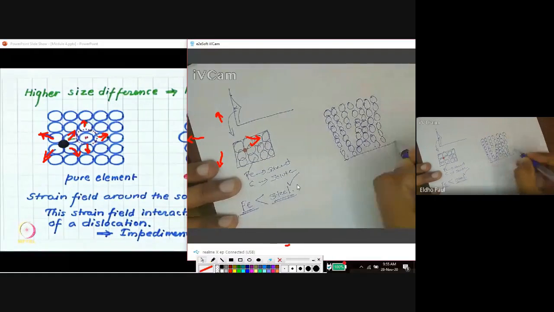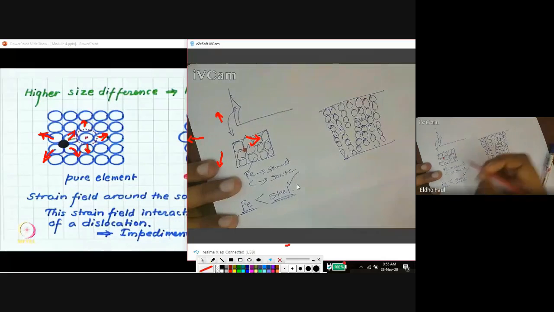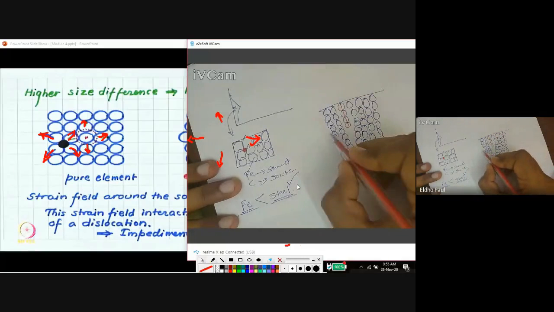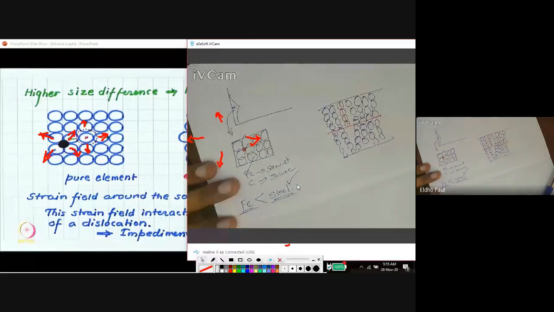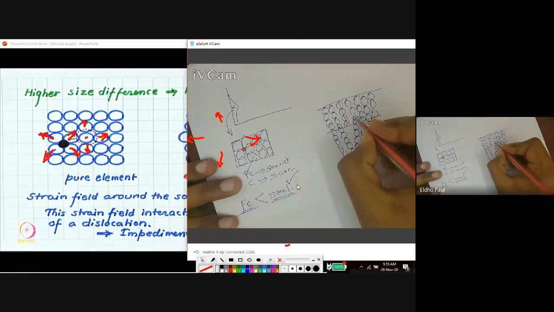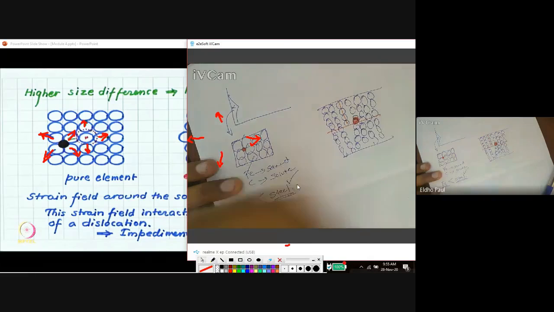So this is an edge dislocation. We can see an extra layer of atoms here. This is an extra layer of atoms. This is the slip plane. This is a slip plane. Okay. So, for example, solute atoms occupy this position. It may be an interstitial solute atom or substitutional solute atom. Okay. So, solute atoms occupy this position.